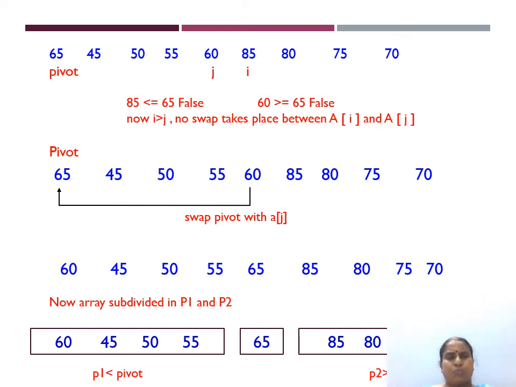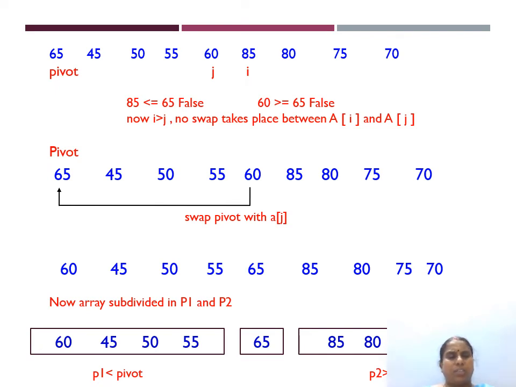So the condition is false, so i is not incremented. Likewise, j is compared with the pivot. Here the j value is smaller than the pivot. So here also j is not moving further towards the left. So now j value is 5 and the i value is 6. So now you have to verify the condition whether i is less than j or not.